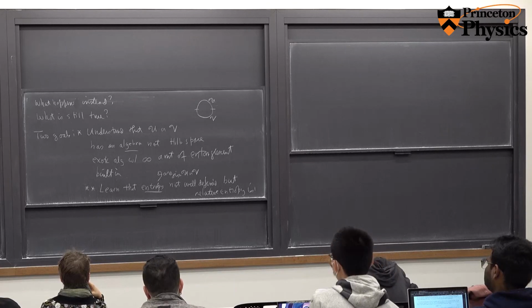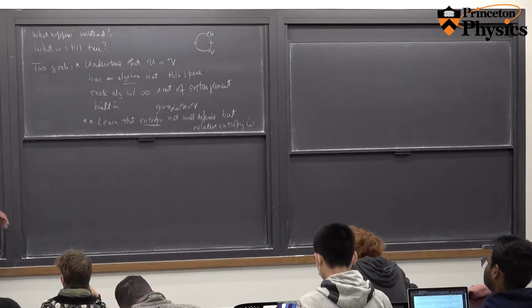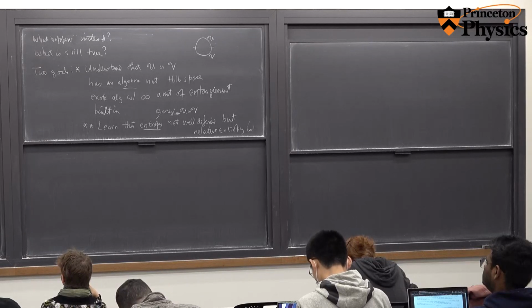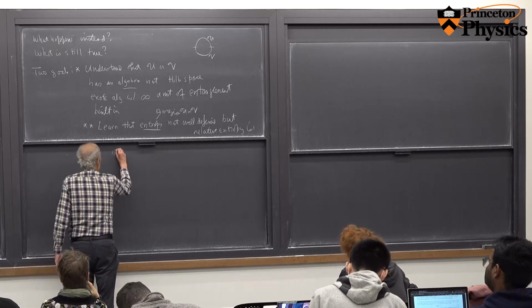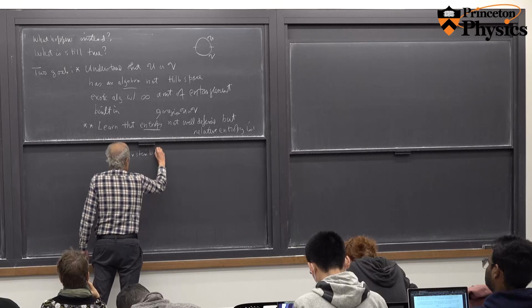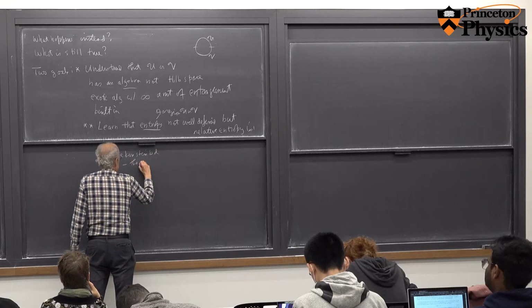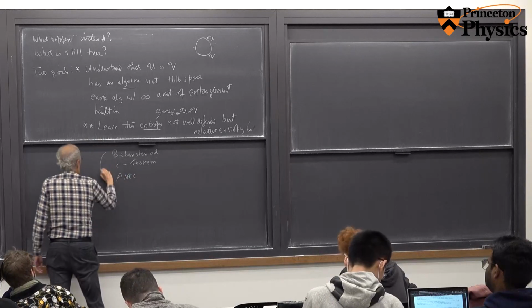We'll see how. Sometimes it's hard to estimate how long things will take. And then we're going to discuss some applications. By that time, we'll have developed the tools we need for a few applications, which will be to the Bekenstein bound. I mentioned this already, but there'll be the Bekenstein bound, the C theorem, and the ANEC.